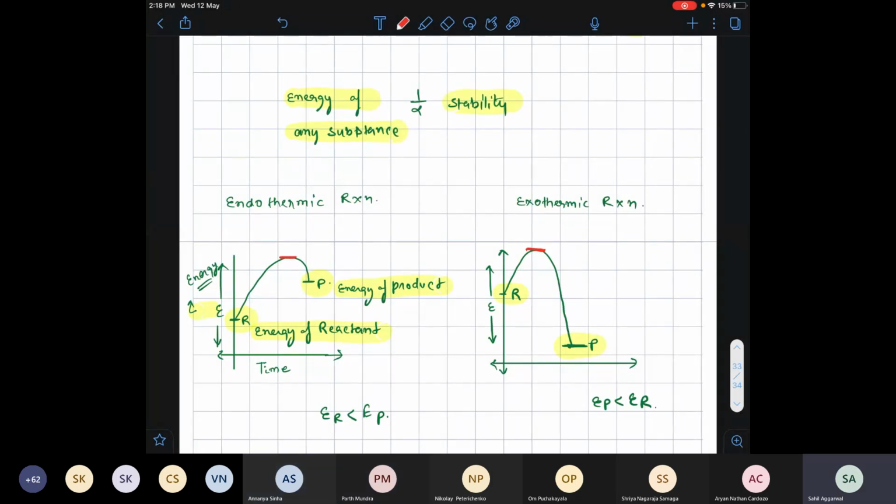Every reaction has to go via some transition state that we are going to learn in the coming chapters. Every reaction has to break some bond, reach some stage, then only it can get converted into product. This is called the transition state. Once it reaches this transition state, then only it can get converted into product, otherwise not possible.